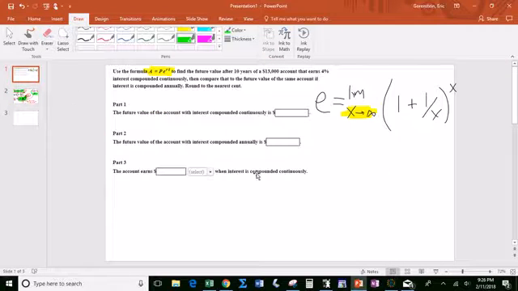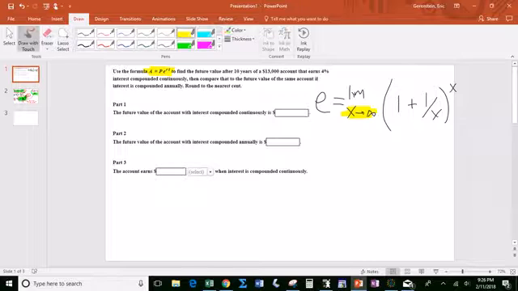So that's this guy. Find the future value with interest compounded continuously, and find the future value with interest compounded annually. So for the first one, interest compounded continuously. So that's A equals principal.